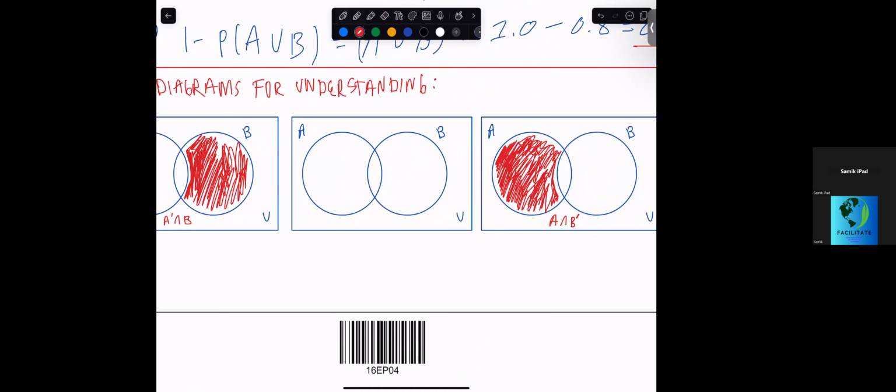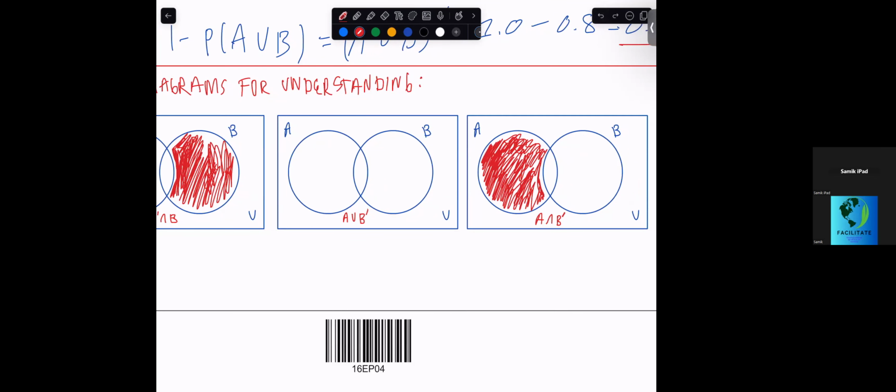Then let's go for A union B dash. Okay, so this is quite interesting because now we have to consider whatever is not B. So we know this U, right? This is basically like the people who are not doing both or who are not interested in these.